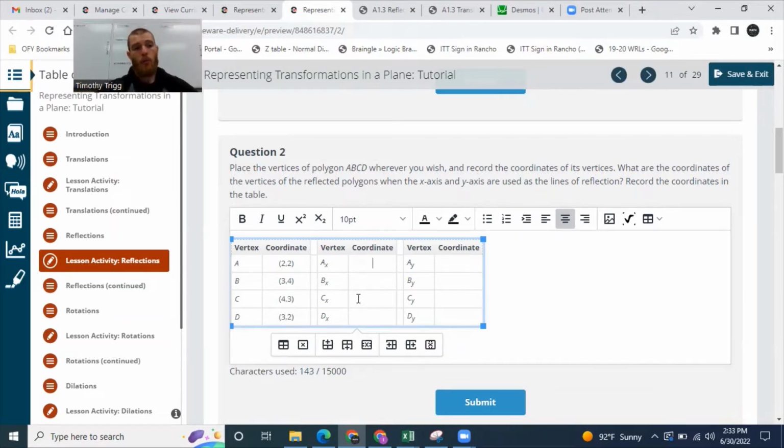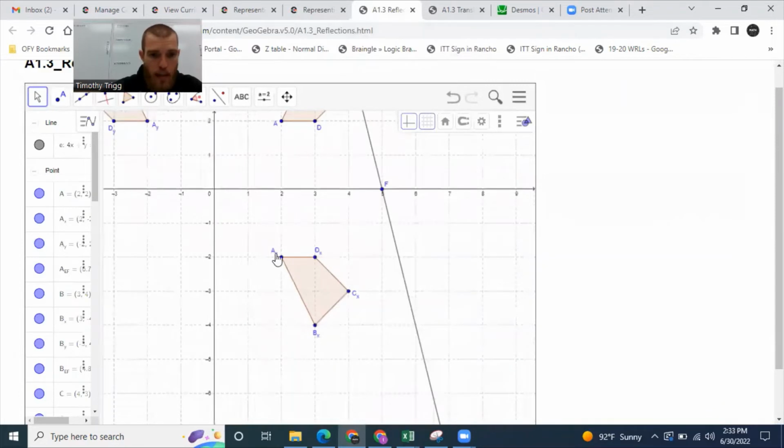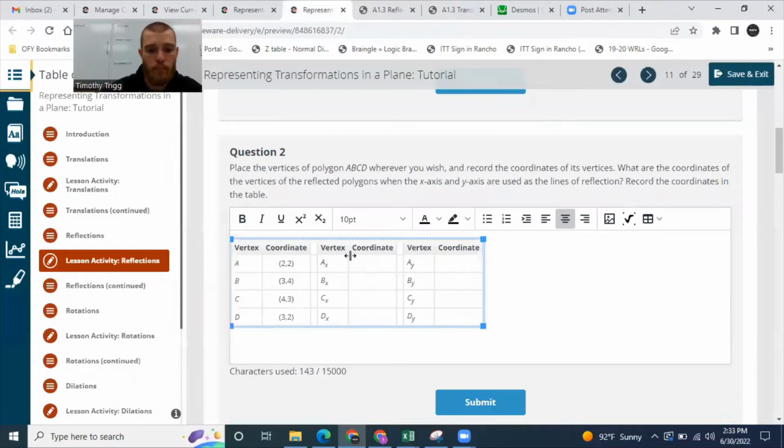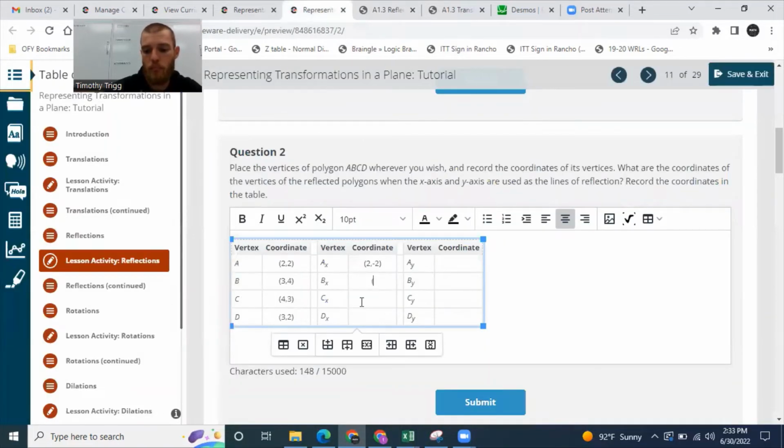Now, what are the coordinates for A sub x? Basically this is A prime when it's reflected across the x-axis. So that's these ones down here, right? A sub x is 2, -2. What about B sub x? That's at 3, -4. Fill in the other 2 points as well.